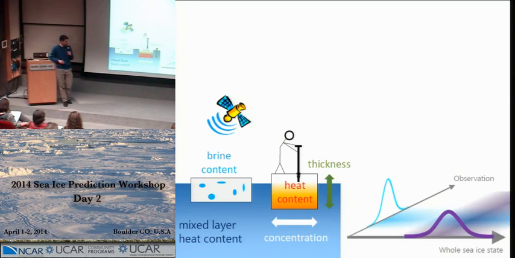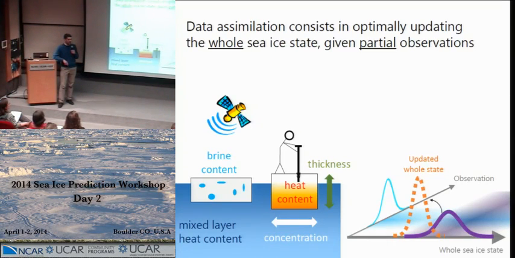And this source of information comes from the models. The models have the advantage to explicitly simulate all these variables, but they are models, so only approximations of the reality. And how to optimally combine these 2 sources of information, observations on the one hand, models on the other hand, has a name, and it's called data assimilation. And data assimilation is a really fascinating subject on which I've been working for now 2 years.